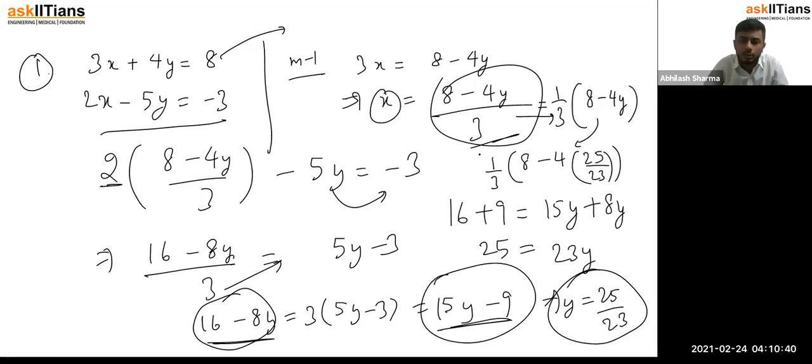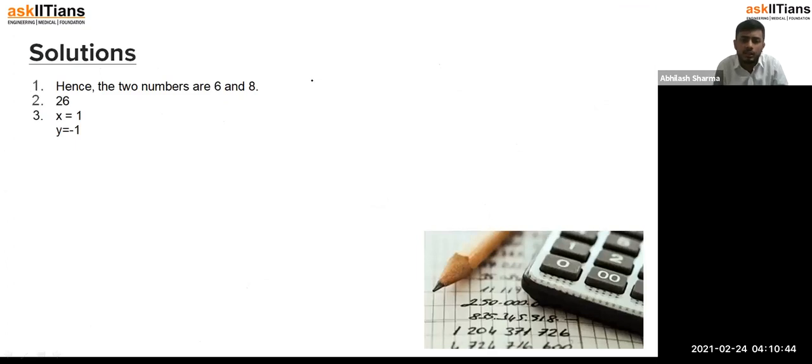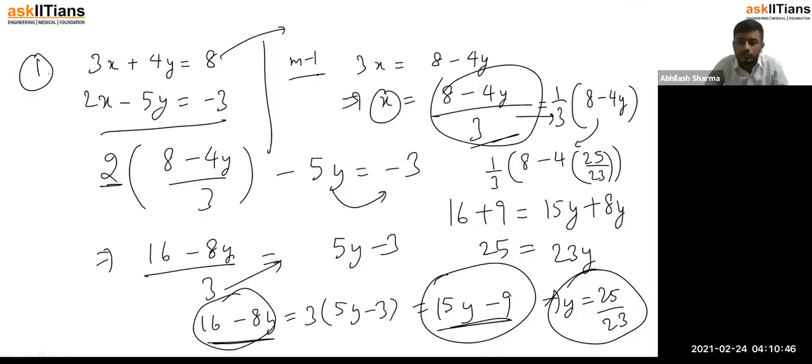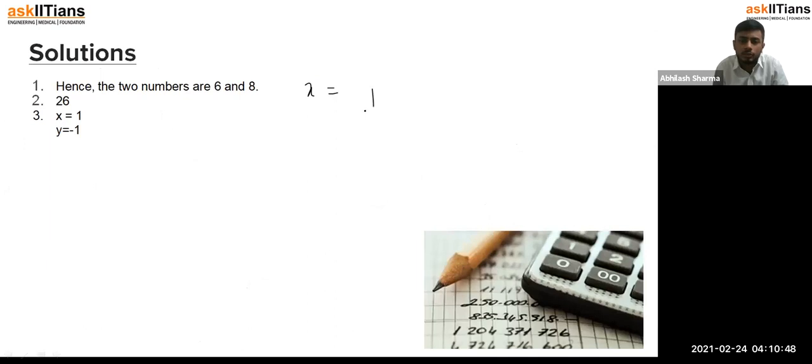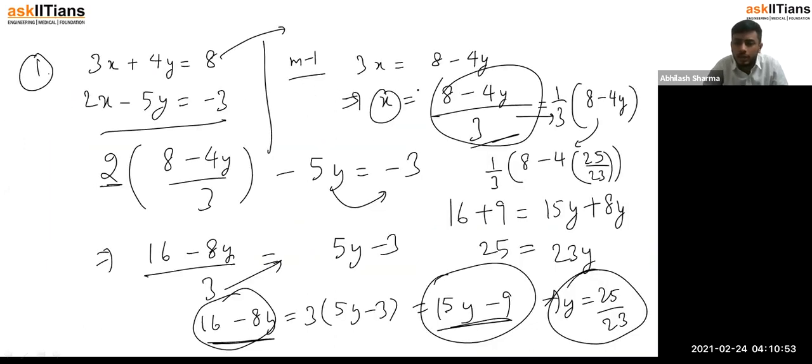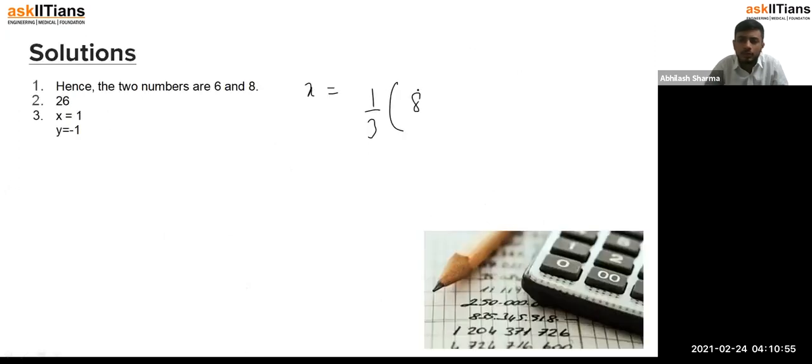Now let us try to simplify this. X will come out to be 1/3 of (8 minus ...). Now what is this value? 4 into 25? It will be 100 upon 23. Okay. Because 4 into 25 by 23 is this much only.